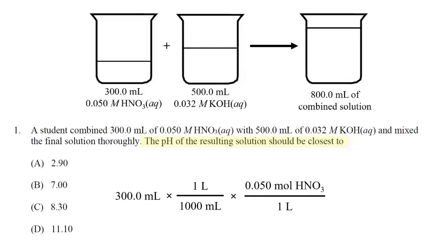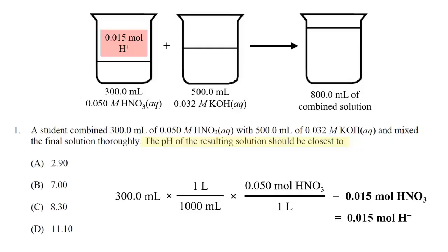And if I do this math, 300 divided by 1,000 times 0.050, then I get the number of moles of nitric acid. And this happens to be a strong acid, so that number, 0.015 moles of nitric acid, is also the number of moles of H plus or hydronium ions in solution. So I'm going to label that first beaker as 0.015 moles of H plus.